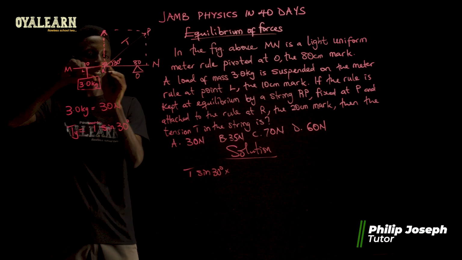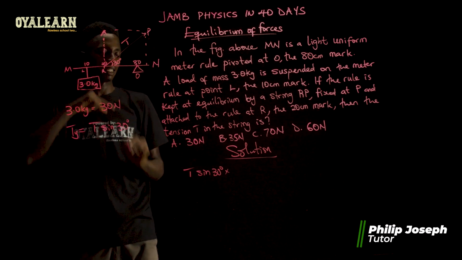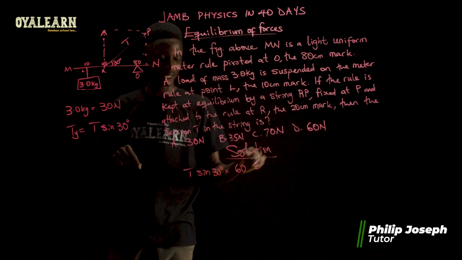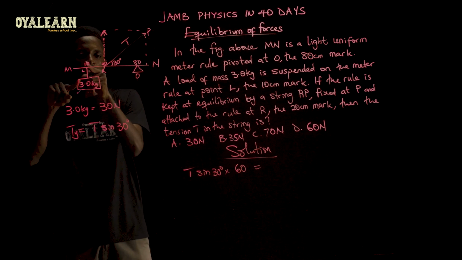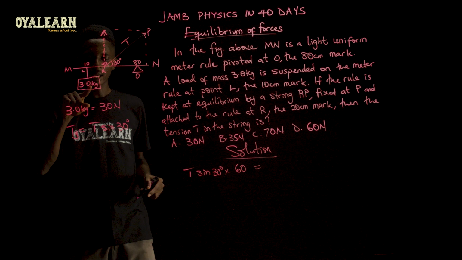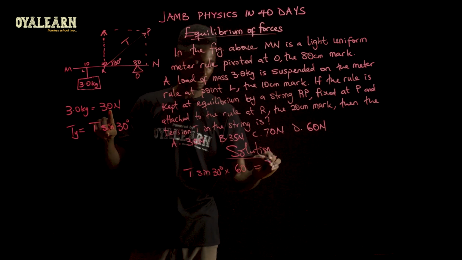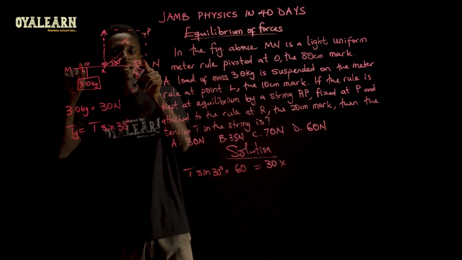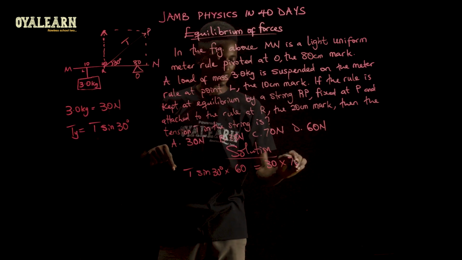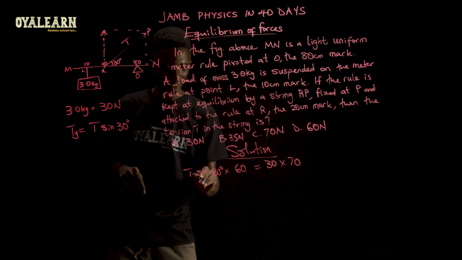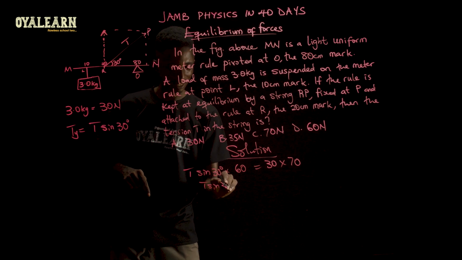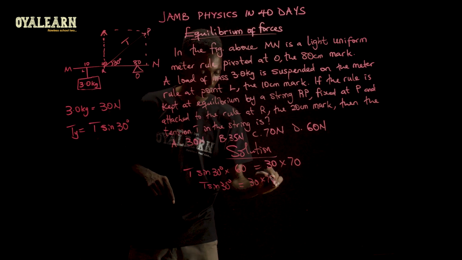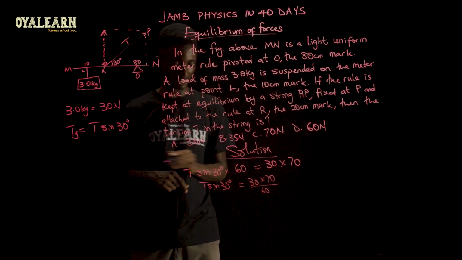Now from here to here, from 20 to 80, that will give us 60. Now equate that to the other one here, which is going in the anti-clockwise direction, and the force there is 30 newtons. So 30 multiplied by the distance from 10 to 80, that will give you 70. So that is T sine 30 degrees equals 30 times 70 over 60.